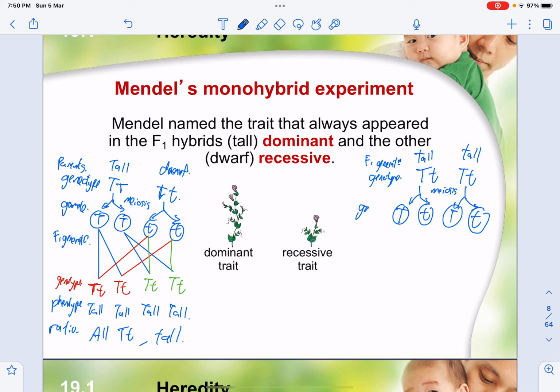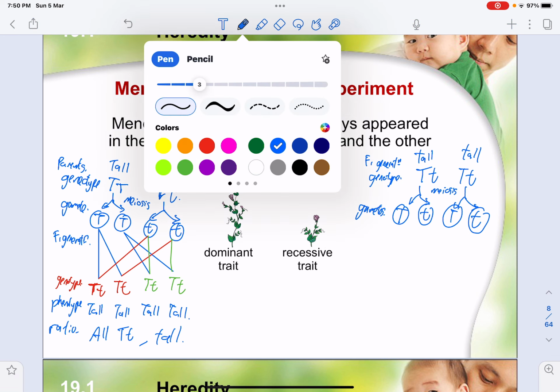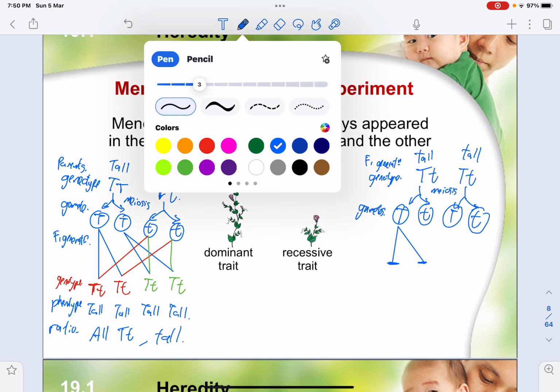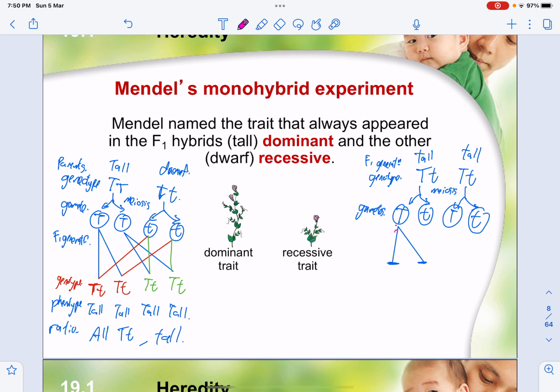These are the gametes. Then again the drawing comes in. You first draw each of the gametes to have two lines. One rule of thumb is I usually end the lines underneath a particular gamete, so that the referencing is always neater rather than going everywhere.